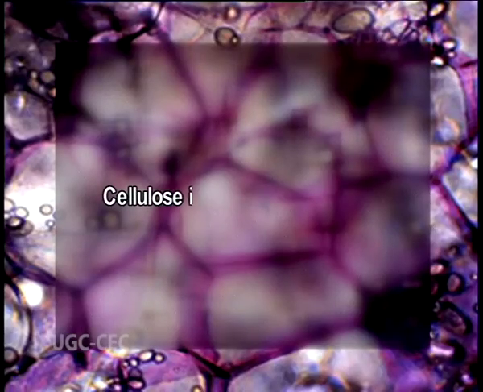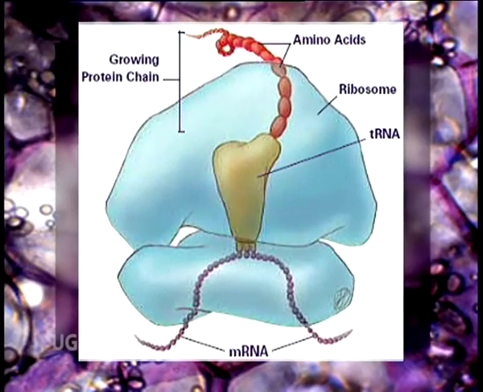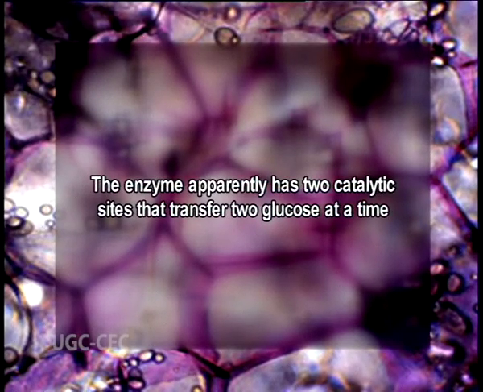Cellulose is made at the cell surface. The process is catalyzed by the enzyme cellulose synthase, made by the ribosomes on the rough endoplasmic reticulum, that occurs in rosette complexes in the membrane. The enzyme apparently has two catalytic sites that transfer two glucose units at a time, that is cellobiose, from UDP glucose to the growing cellulose chain.